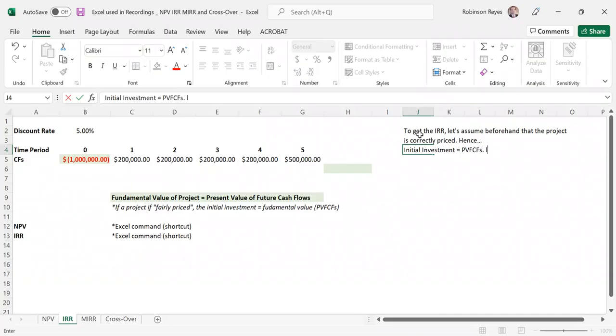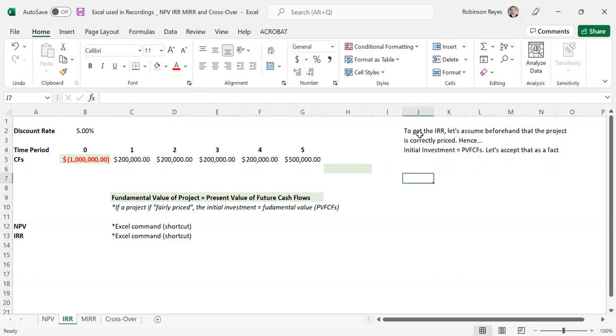Okay, let's accept that as a fact. Now we need to get our formulas to hold, or in other words, the initial investment should be equal to the present value of future cash flows. Let's see if that is the case. So let's keep this in mind.